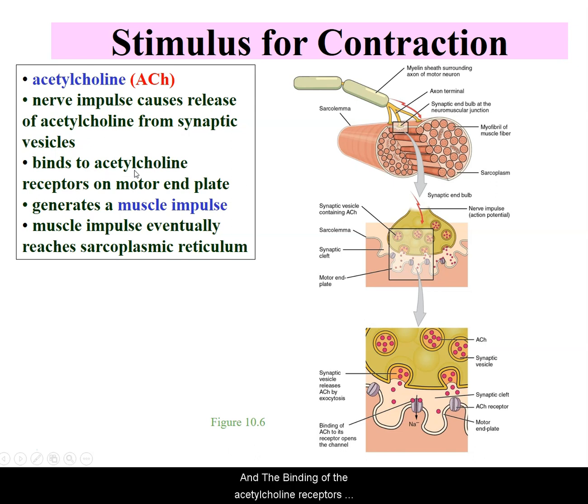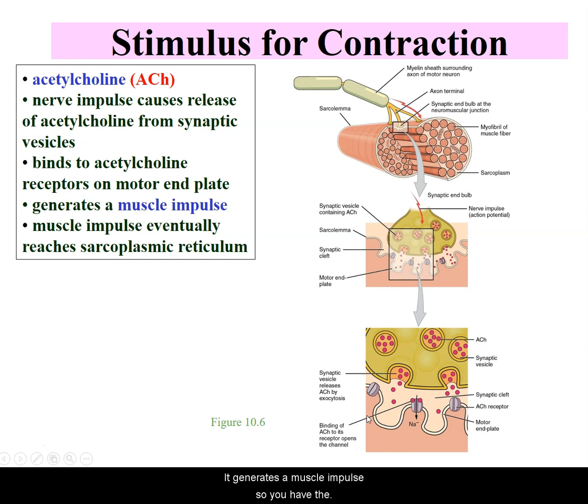And the binding of the acetylcholine to the receptors. Remember I just said that on that motor end plate, that undulated motor end plate with increased surface area, there are going to be receptors that allow the binding of acetylcholine to the membrane, that sarcolemma of the motor end plate. It generates a muscle impulse.